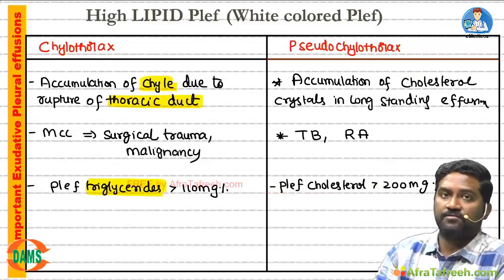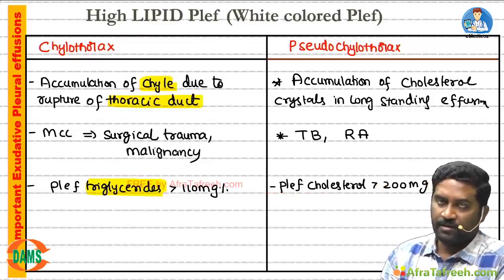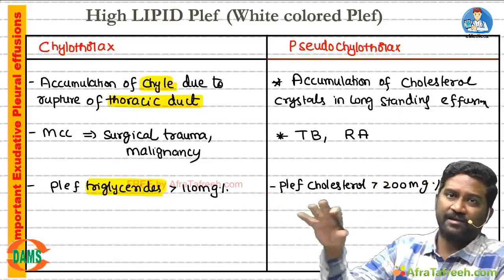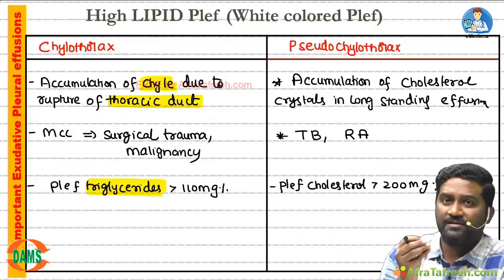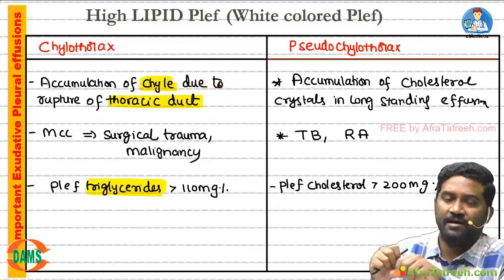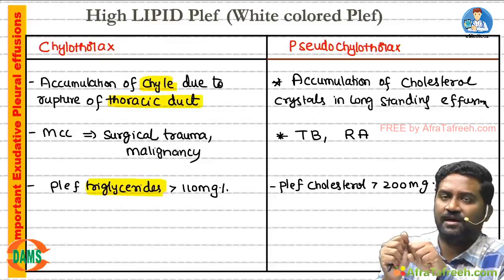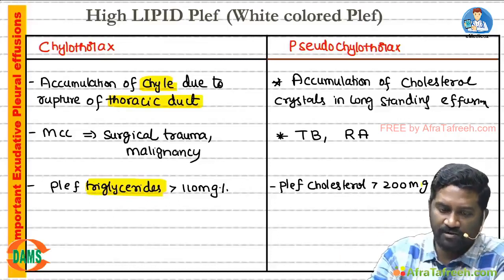Now what is this pseudochylothorax? What exactly happens here is, whenever there is a long-standing effusion for months together, gradually all the cells accumulated in that pleural effusion will die. So they will get degenerated. Whenever these aged cells break, cholesterol will start accumulating in the effusion from those cells.